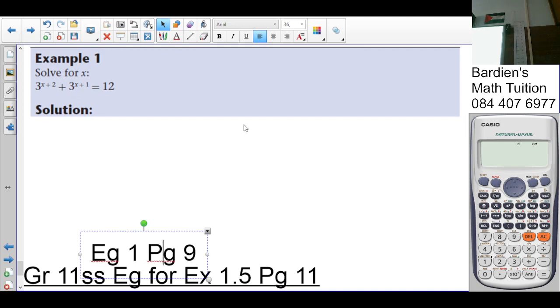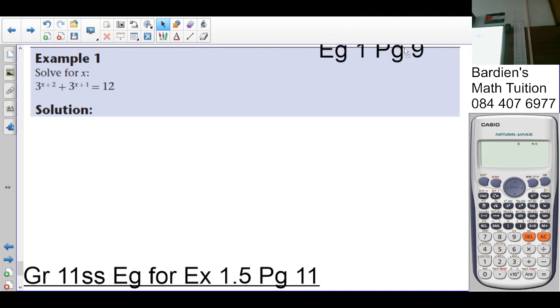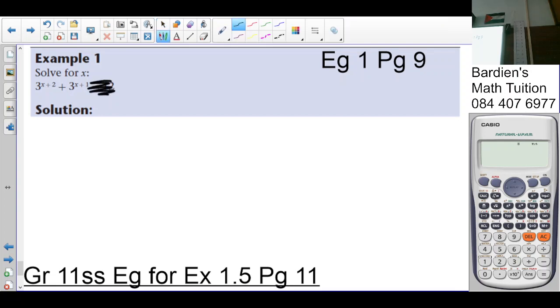So now we are asked to solve for x. We have 3 to the x plus 2 plus 3 to the x plus 1 equals 12. If this was a sum, 3 to the x plus 2 plus 3 to the x plus 1, what would you have done?